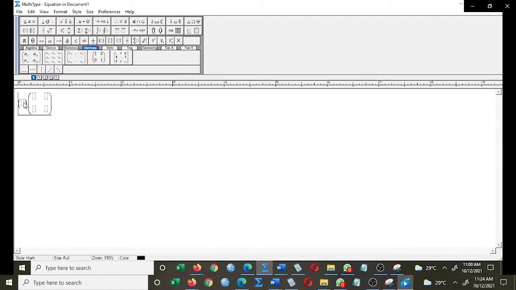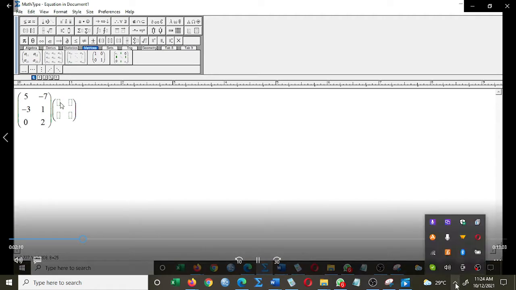What is the rule for multiplication to be possible? What must be the case?